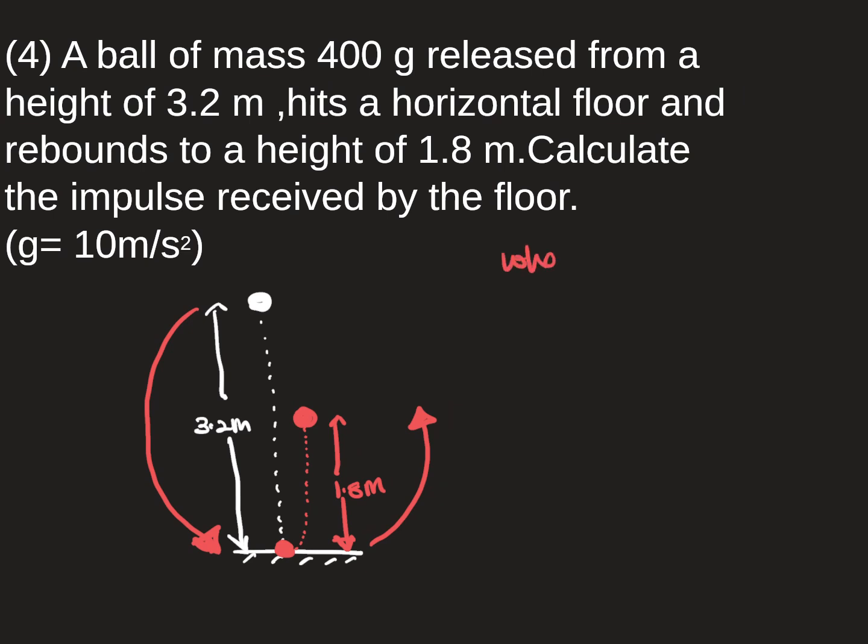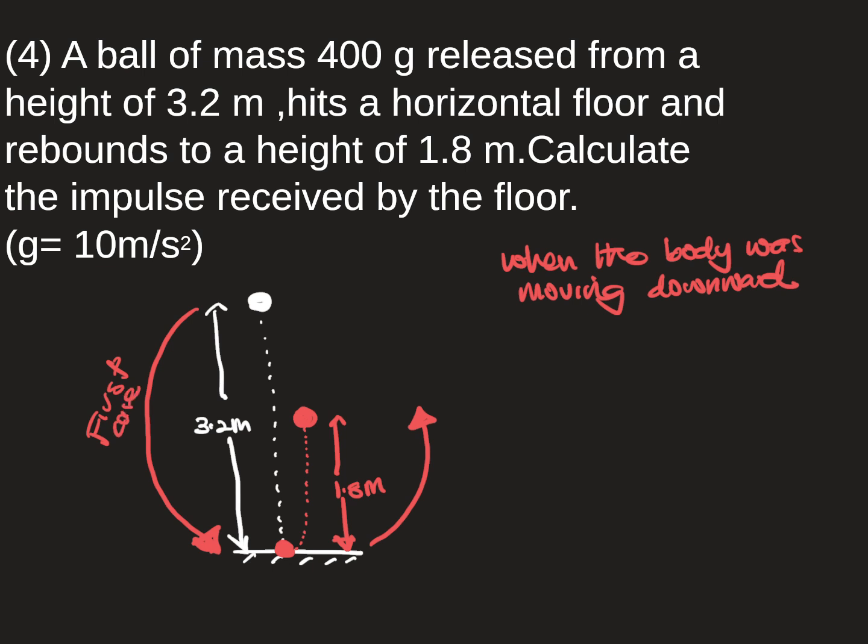So when the body was moving downwards, it was initially at a height here. So we can consider this as the first case and this as the second case, right?